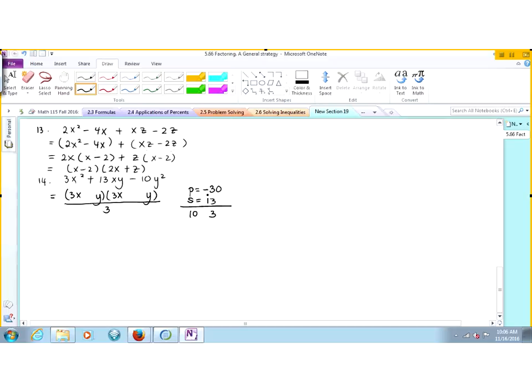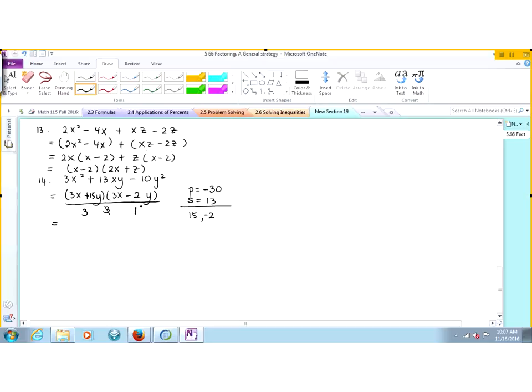10 and 3, both positive? Is it true? Is it 10 and 3? Yeah, so what was the other one? 15 and 2, yes. So what about the sign? Yes. So plus 15y and then minus 2y. What do we do with the 3?